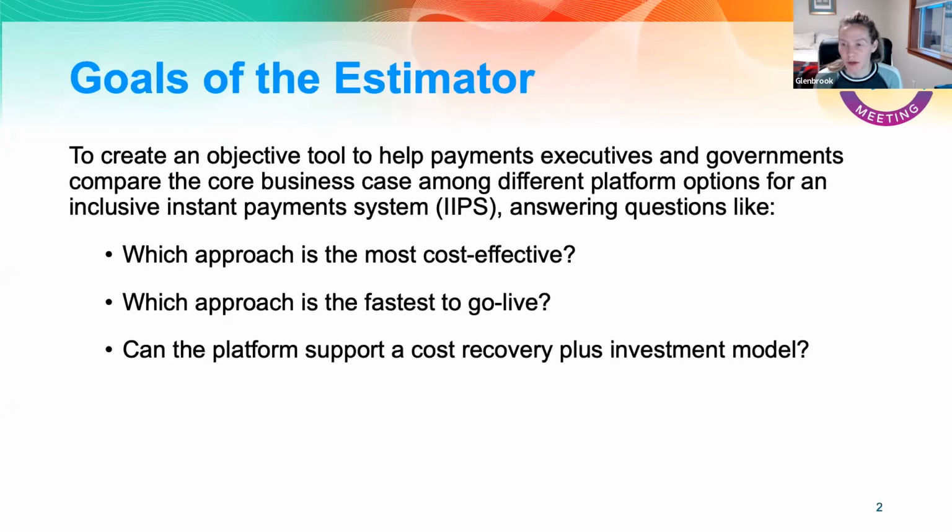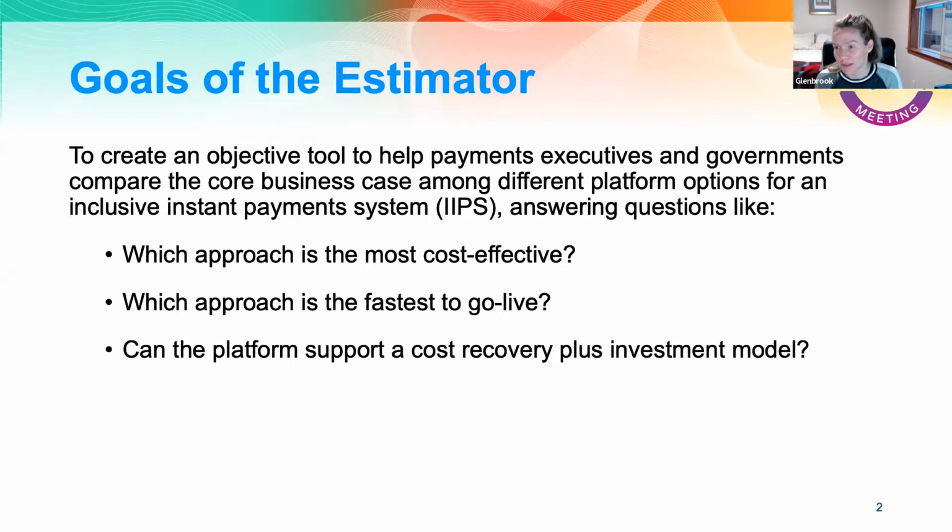We understand this community gets asked and asks the following three questions pretty regularly. Which approach is the most cost-effective? Which approach is the fastest to go live? And can the platform support a cost recovery plus investment model? The estimator helps decision makers compare platform approaches and explore the projected impact of various platform choices on overall earnings and expenses.